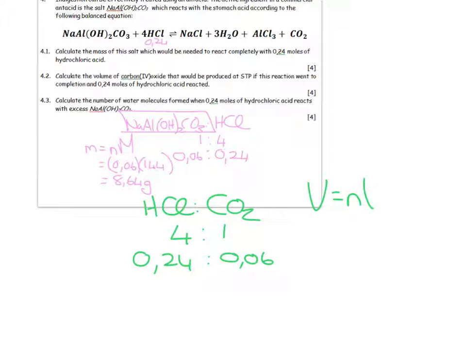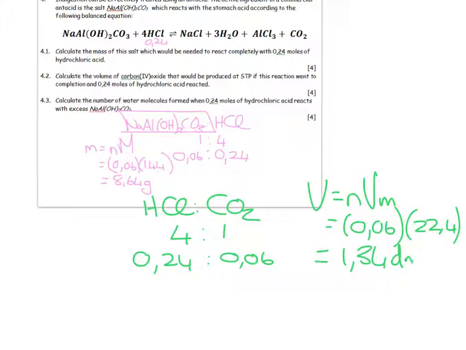Volume is equal to number of moles times molar volume. 0,06, which I'm keeping in my calculator, although I don't think it's problematic actually. I don't think rounding really played a role in this one. 1,34 decimeters cubed.